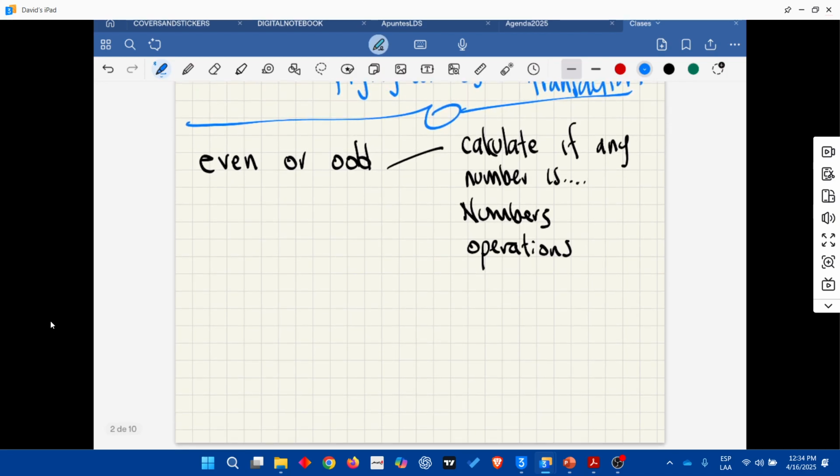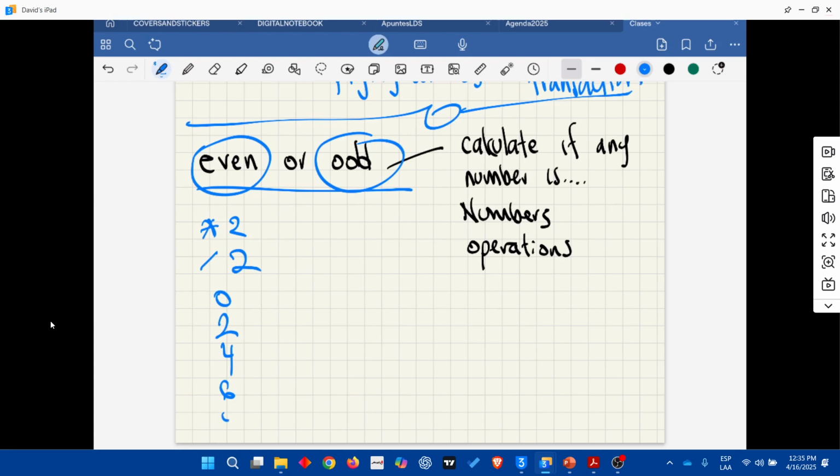Okay? So let's talk about a software to calculate if any number is even or odd. The first thing is that you need to know the definition of an even or odd number. Maybe many people are going to tell you that even numbers are all the numbers that are multiples of 2, or divisible by 2, or maybe another could say that even numbers are all the numbers that end in 0, 2, 4, 6, 8.